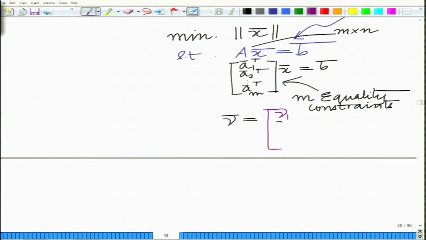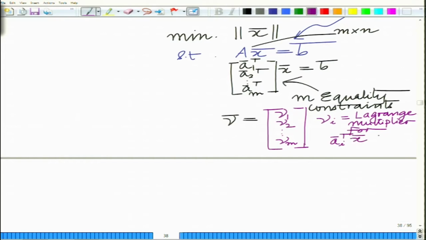So you have a vector nu1, nu2, up to nu m, where nu i equals the Lagrange multiplier for the constraint A i bar transpose x bar equals B i.